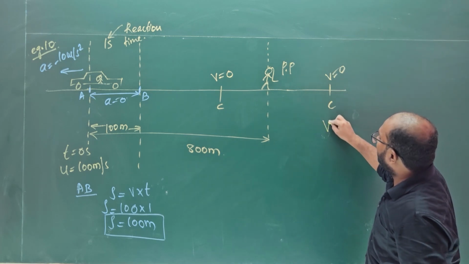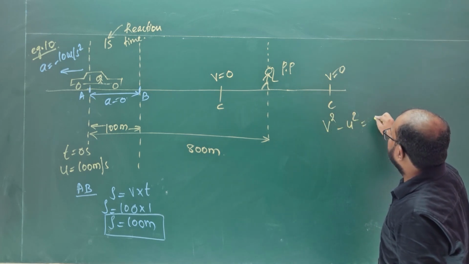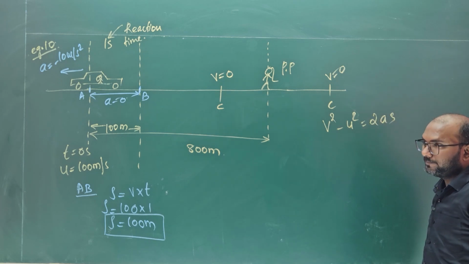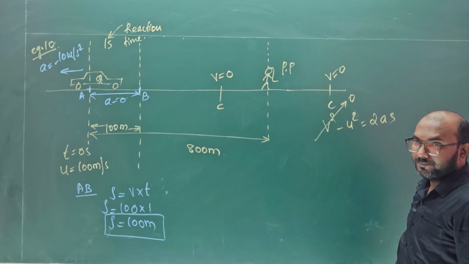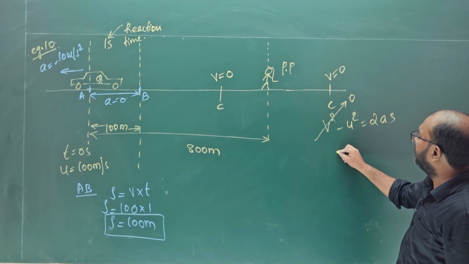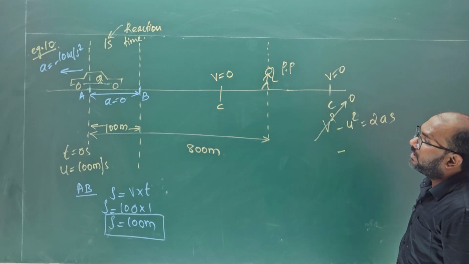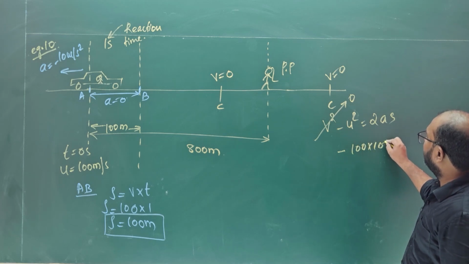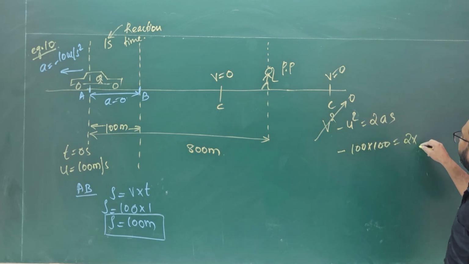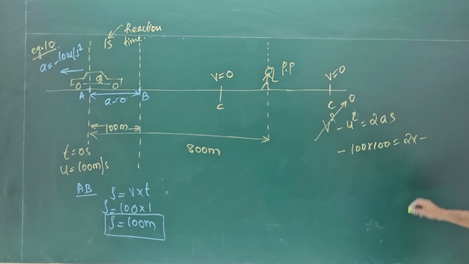So final velocity squared minus initial velocity squared is equal to 2as. Final velocity, we are saying the body should be stopping, so stopping means 0. Initial velocity is given as 100. So 100 into 100 is equal to 2 into acceleration, which is given as 10, displacement we don't know.